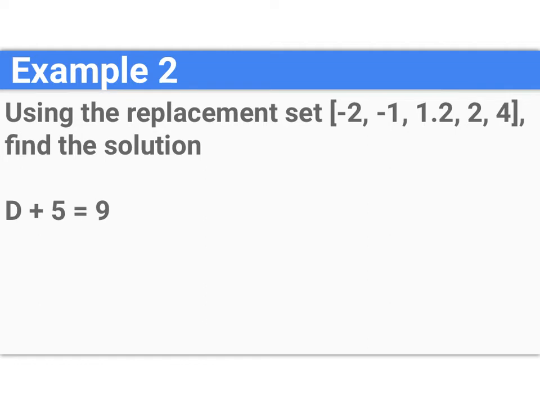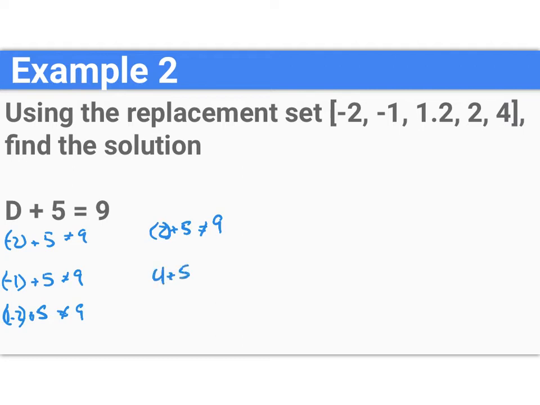This is your replacement set. -2 plus 5 is not 9. -1 plus 5 is not equal to 9. 1.2 plus 5 is not equal to 9. 2 plus 5 is not equal to 9. But 4 plus 5 is 9. So 4 is the solution to this equation.